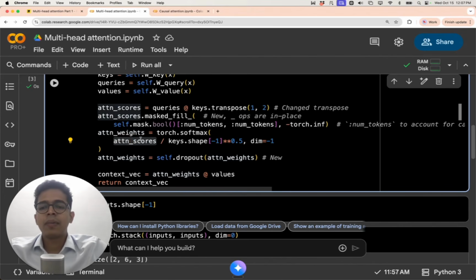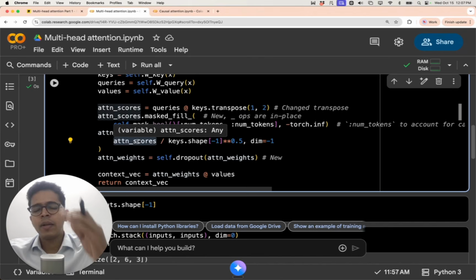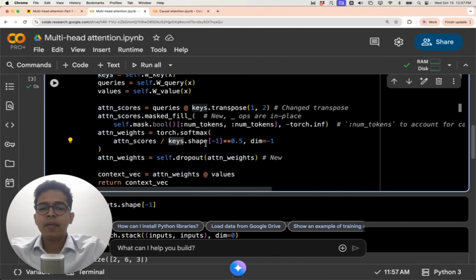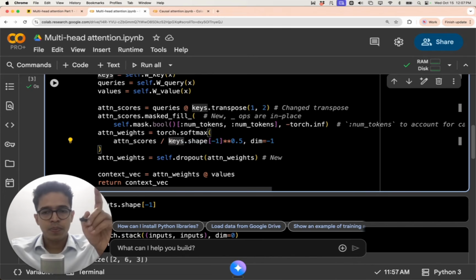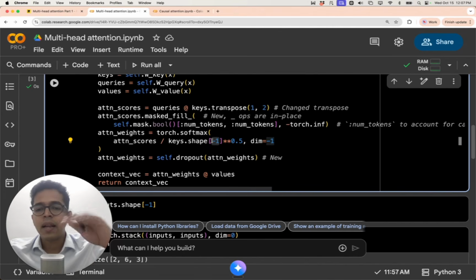So this is now the masked attention score, where the upper triangle will be negative infinity, divided by keys.shape[-1] raised to 0.5. So keys.shape[-1] is the last dimension of the keys matrix. So the keys matrix dimension was 3 by 2. The last dimension is the number of columns, which is 2. So -1 means we will pick the shape of the last dimension.